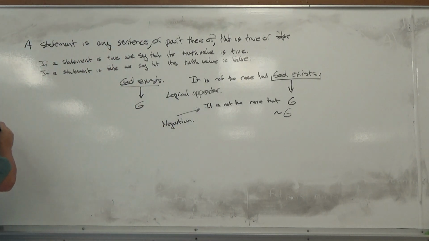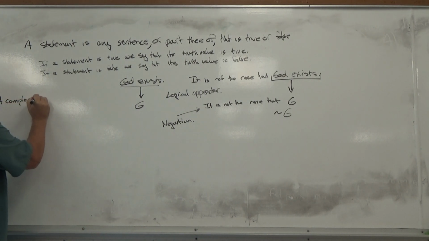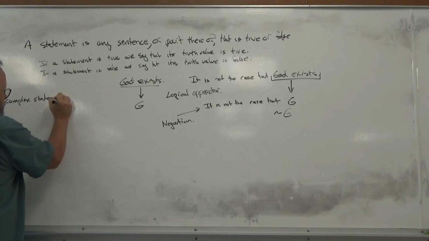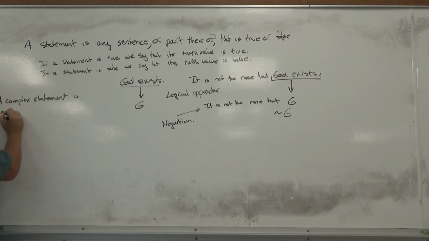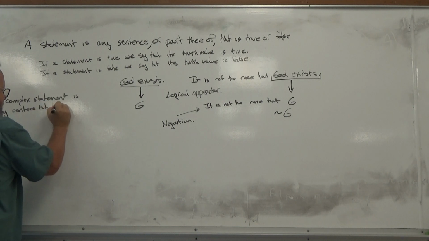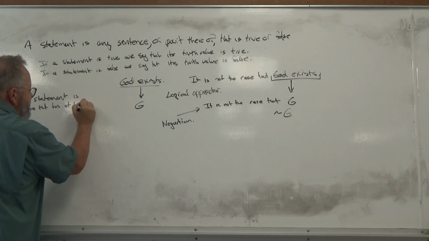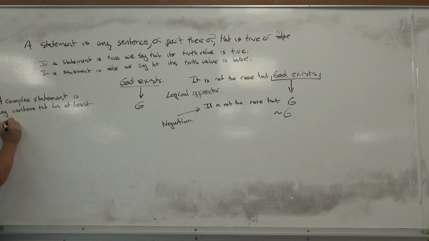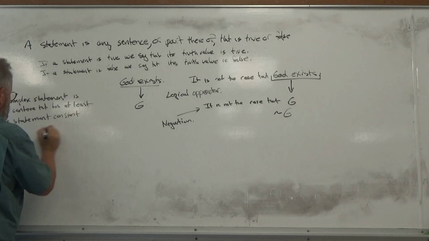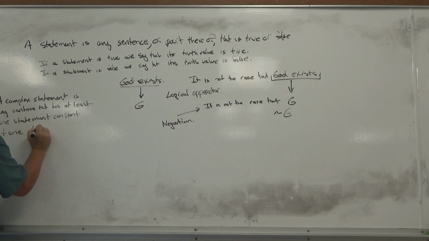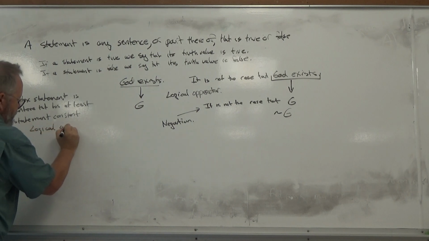So what we can do is we can also talk about a complex statement is any sentence that has at least one statement constant and one logical operator.